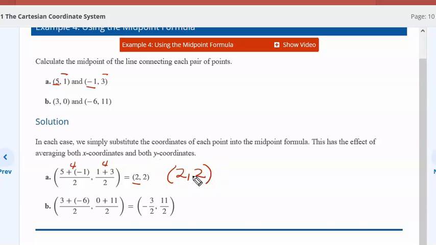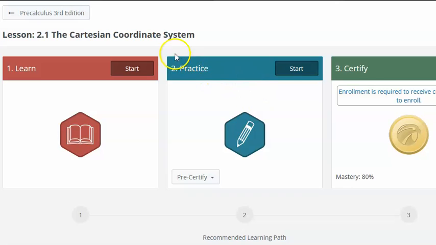That one's sort of straightforward. Now, for letter B, our x is 3 and -6, which is going to end up as a -3 over 2. And then a 0 and an 11 divided by 2 gives you 11 halves. Okay. And this will complete topic 1 of chapter 2.